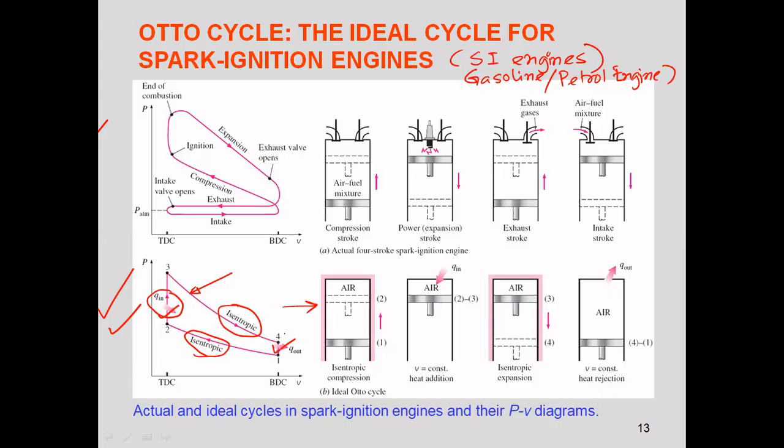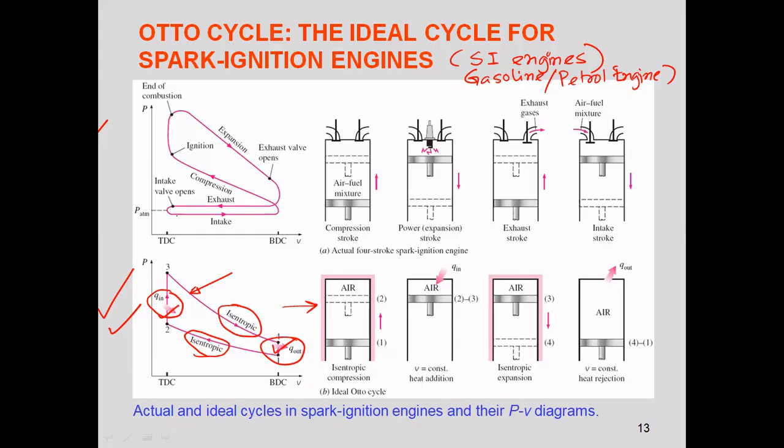In a constant volume process, we are able to achieve that by heat rejection. That is the series of processes for this cycle. I guess you have understood the four processes.